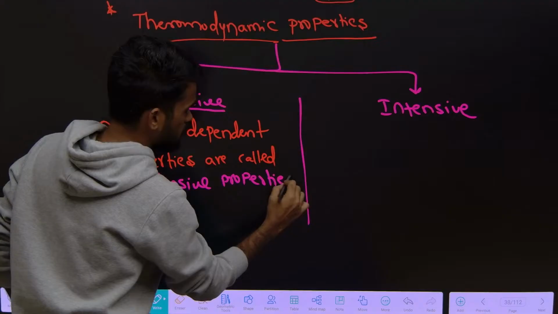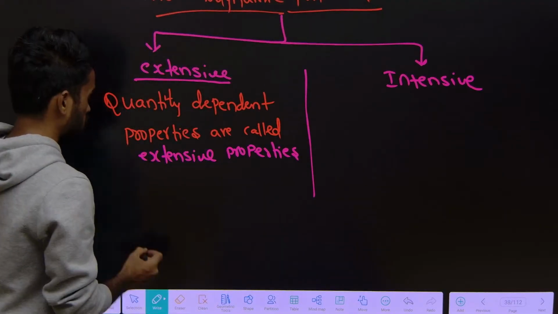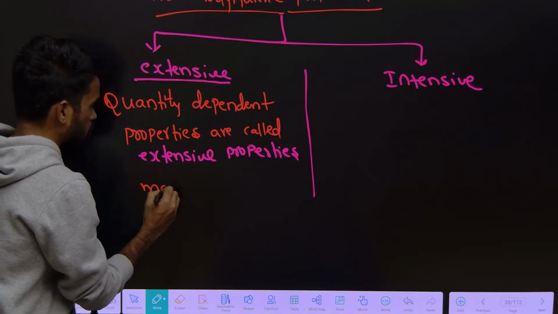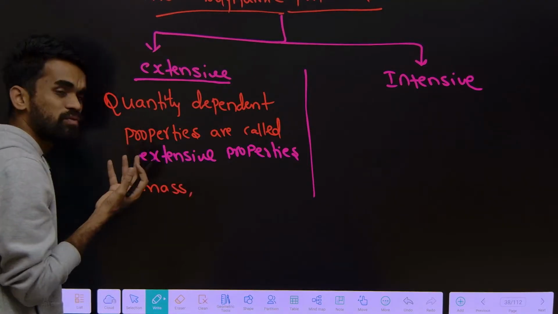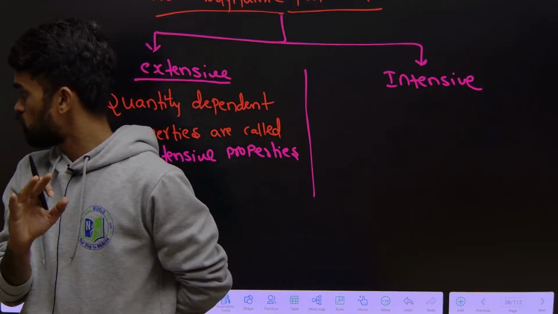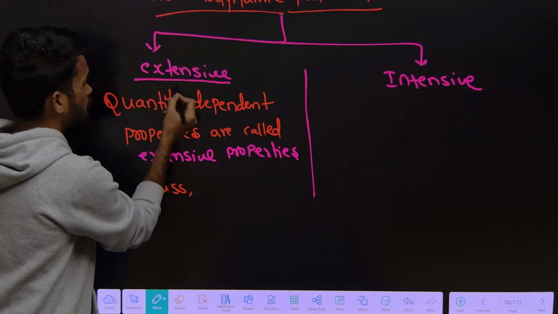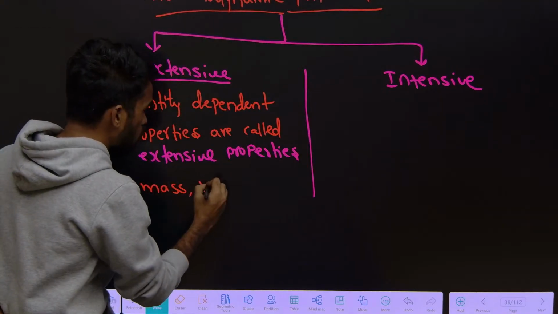Very easy guys, just look here. Quantity-dependent properties are called extensive properties. Or in simple words you can define them as mass-dependent properties. Both ways are correct. So mass is an extensive property, and next, the volume of a substance.